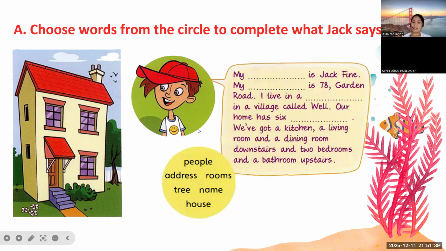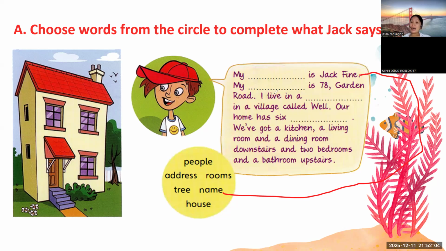Okay, with me. I will draw lines. Okay, next. Number 2. My blank is 78 Garden Road. What do you think is the answer? My blank is 78 Garden Road. What is that?